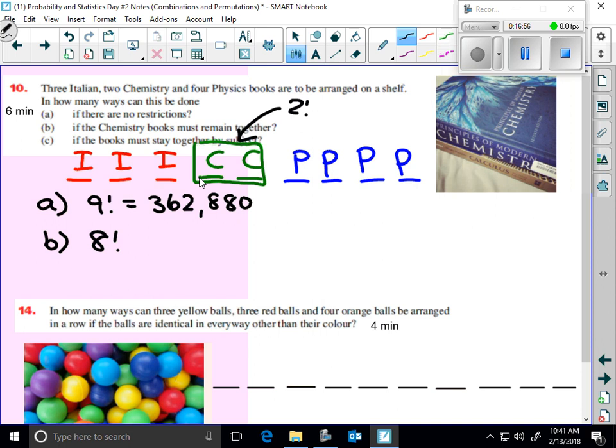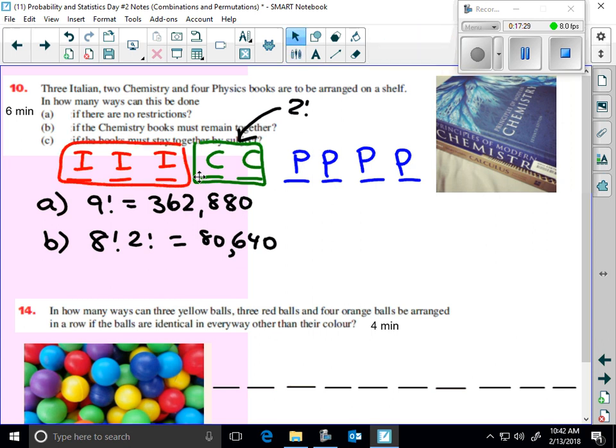No, those chemistry books are not necessarily exactly the same. If they were exactly the same, then we wouldn't need to, because we'd already taken care of it. But we would multiply in that case. Somebody have an answer for that? I heard the 640. What is it? 80,640? Okay, cool.